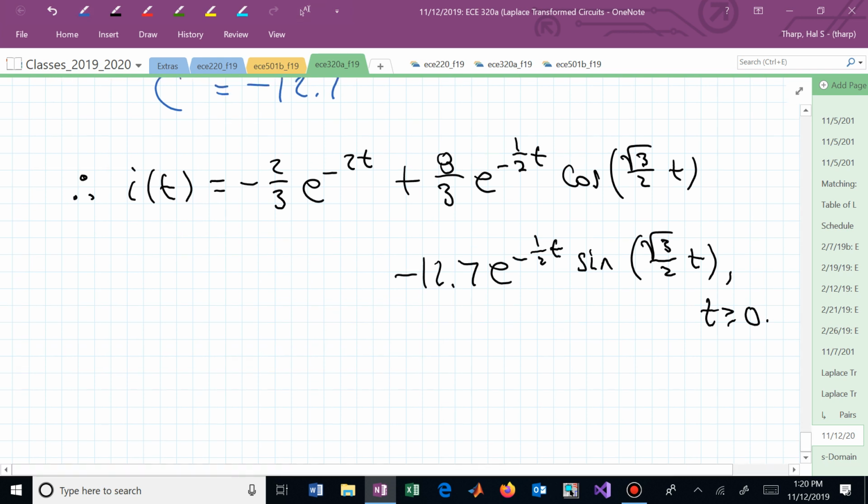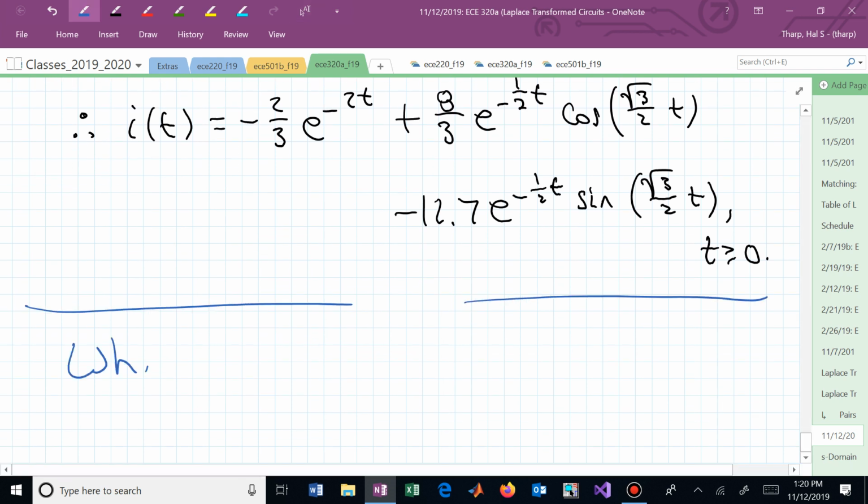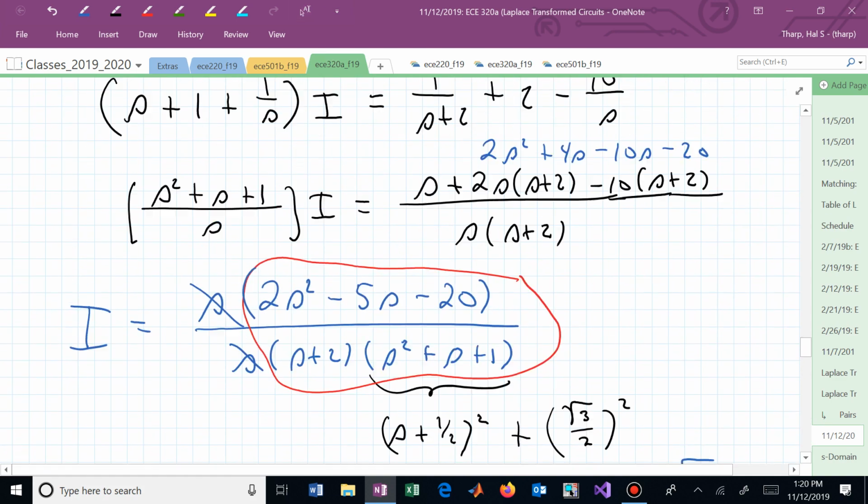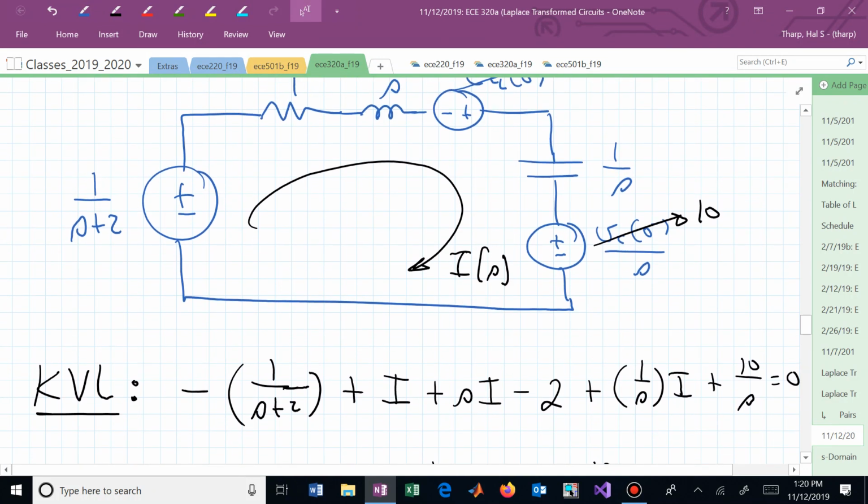What if we wanted to know V sub c of t? If we go back to our S-domain circuit, what are we looking for? Is that what we're looking for?